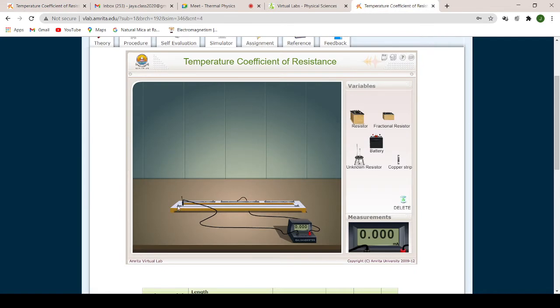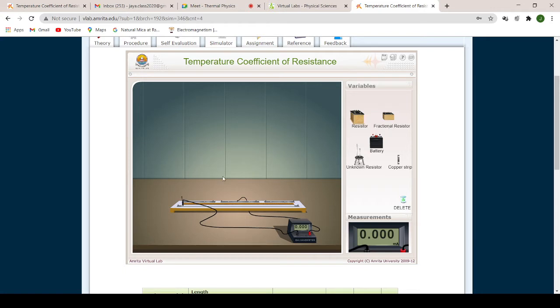Okay, so if you see, this is a Carey-Foster bridge that is given to you, and here you have a galvanometer that is already attached, and a jockey is attached to this galvanometer.